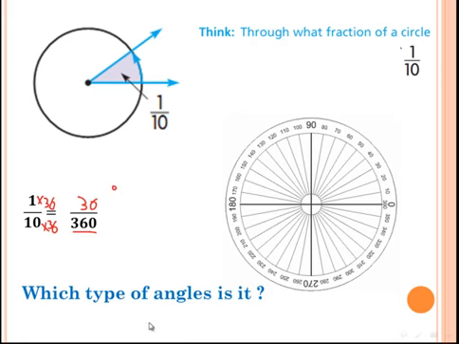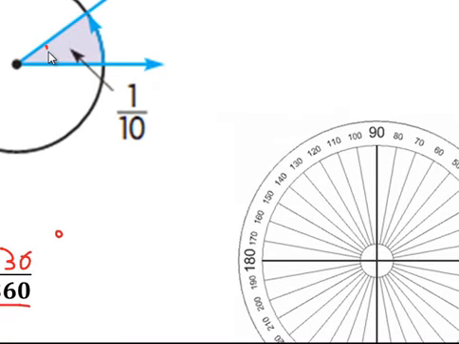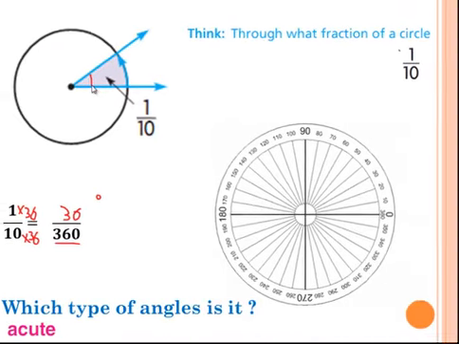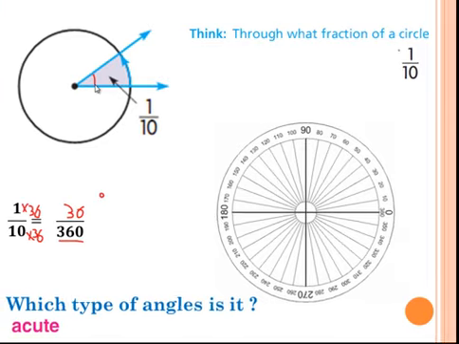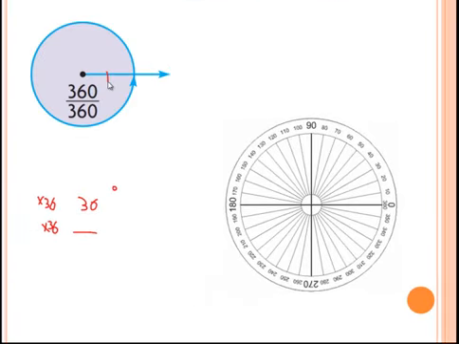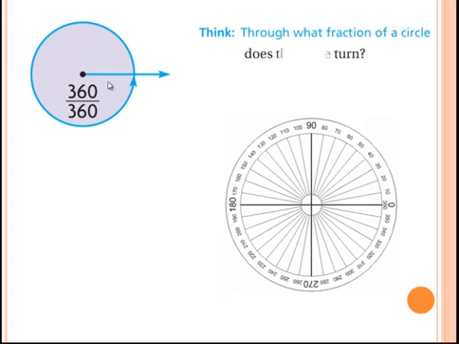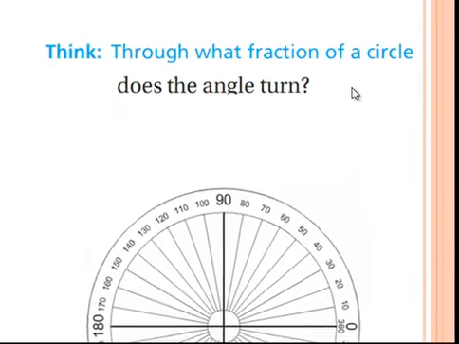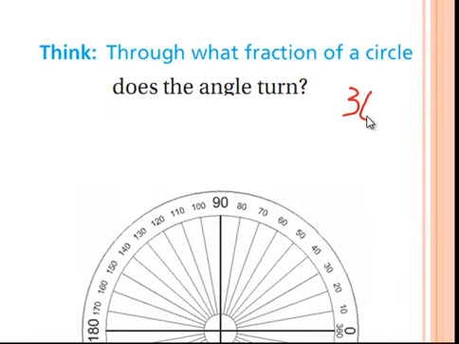Which type of angle is it? It's an acute angle. Great. Now, could you tell me which fraction I should write to represent the shaded part? Exactly, 360 over 360.